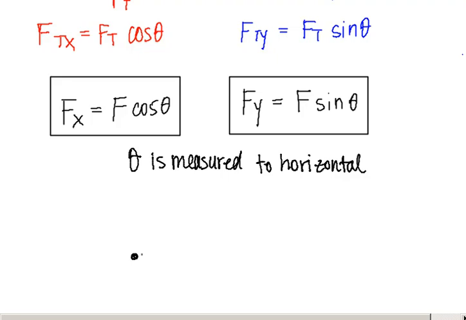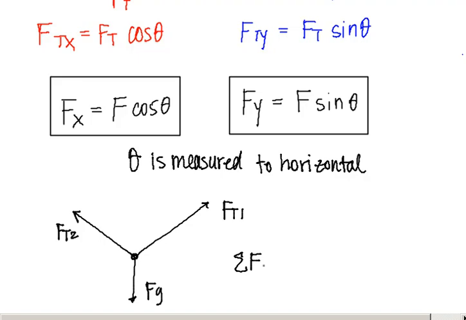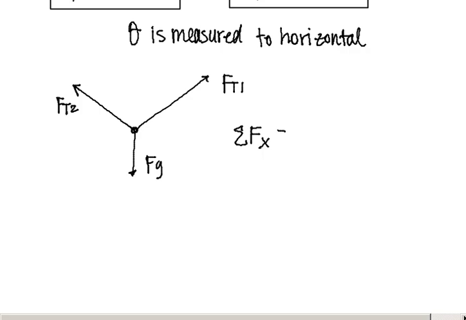Now for a free body diagram that looks like this, where maybe you have FT1 and FT2, and this was your FG, can you use this model to find the sum of the forces in the x direction and the sum of the forces in the y direction?